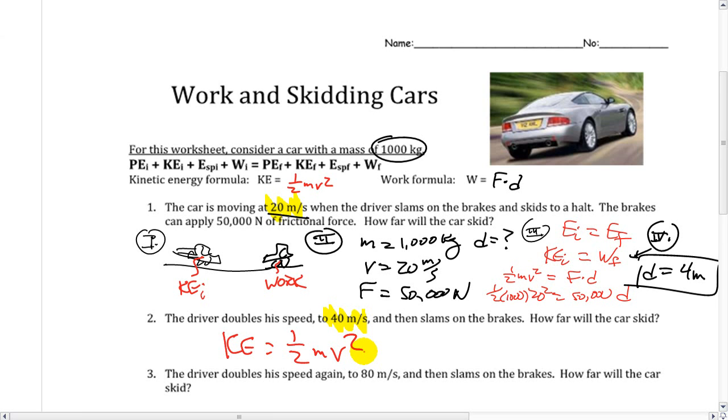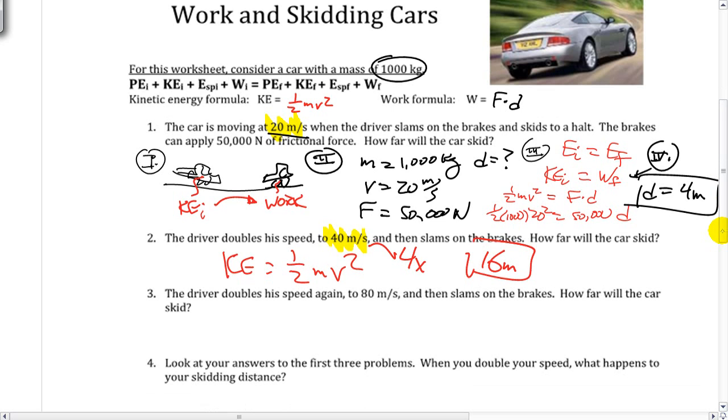So if you're going twice as fast, what's the extra kinetic energy that the car has? What's 2 squared? It's actually 4 times the energy, right? And in the end, if all that KE goes to work, which is force times distance, then the force is constant. Therefore, the braking distance is how much more? It's going to be 4 times more, or 16 meters, right?